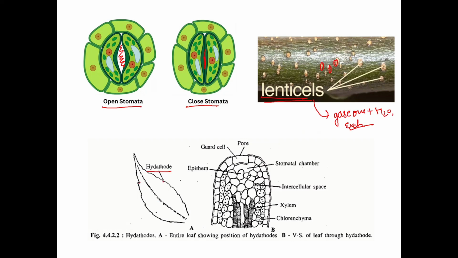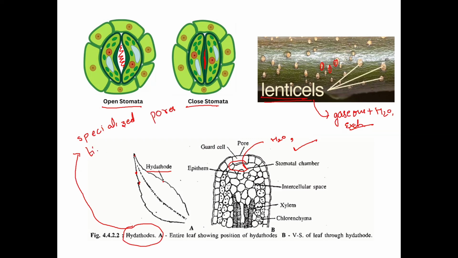Coming to the hydathodes. Hydathodes are present at the leaf margin, edge, and tip. Look, this is a pore through which excess water oozes out. So hydathodes are specialized pores, mostly found at the tip and margin of the leaf.